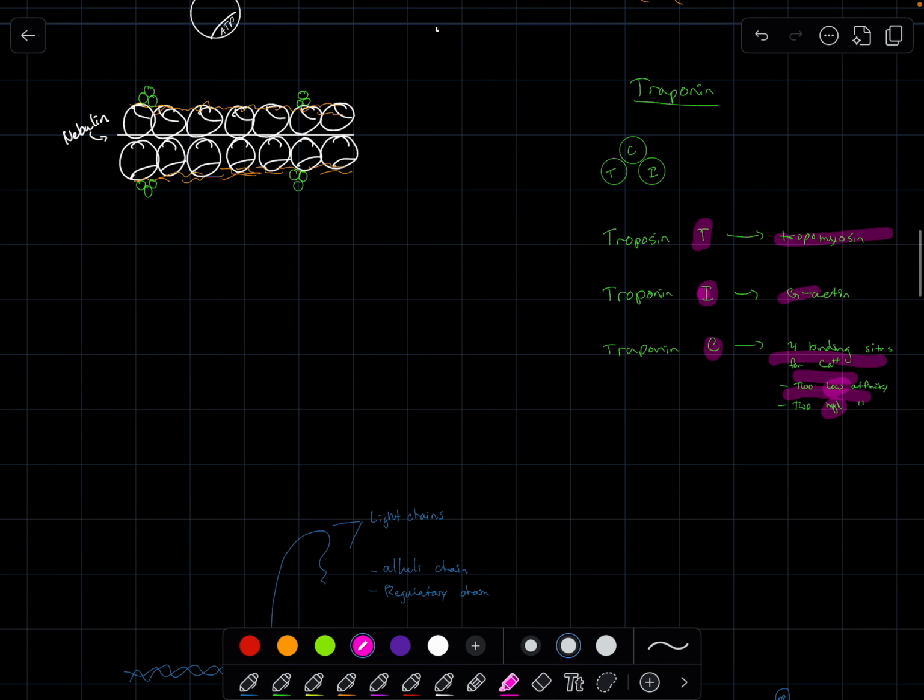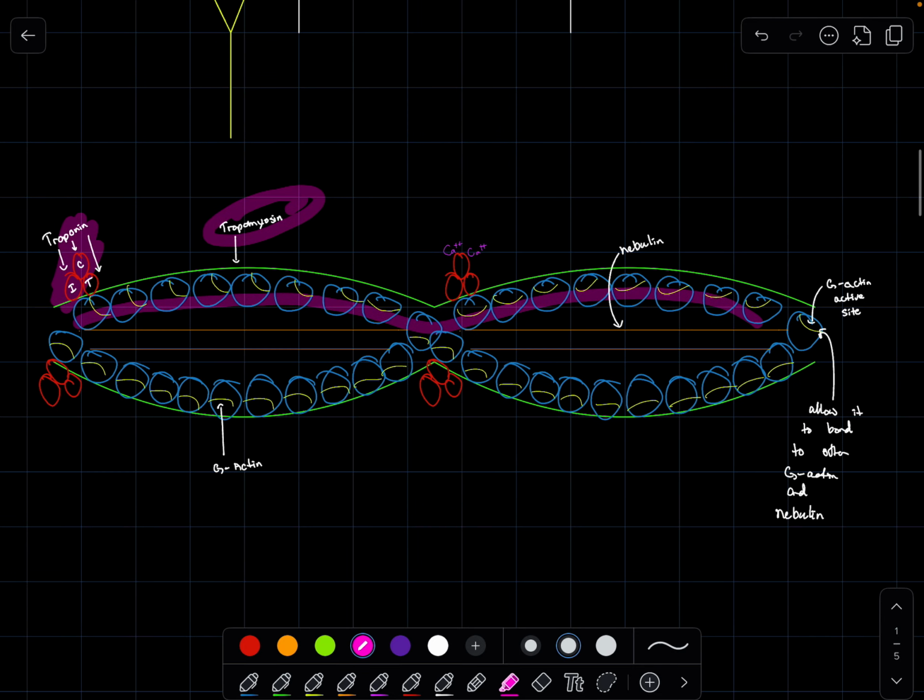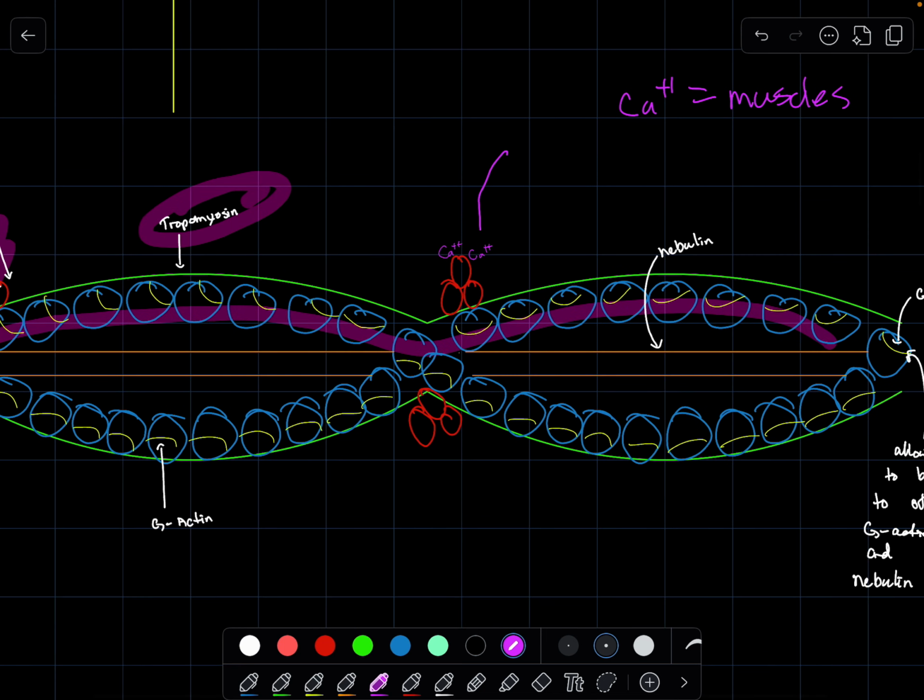So, basically, just a super basic rundown. Whenever you think about calcium, calcium equals muscles. Okay? Calcium will bind to the troponin sites, which will cause a conformational change, essentially removing the tropomyosin.